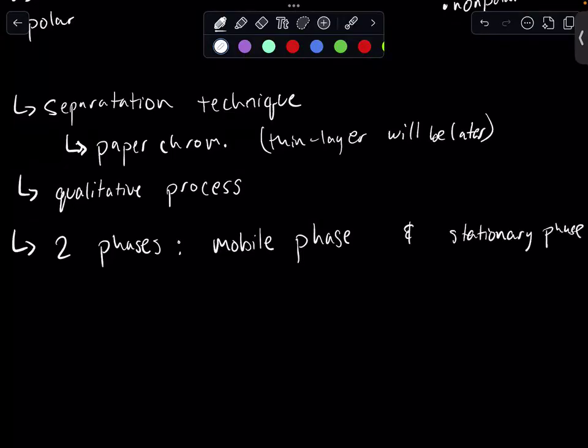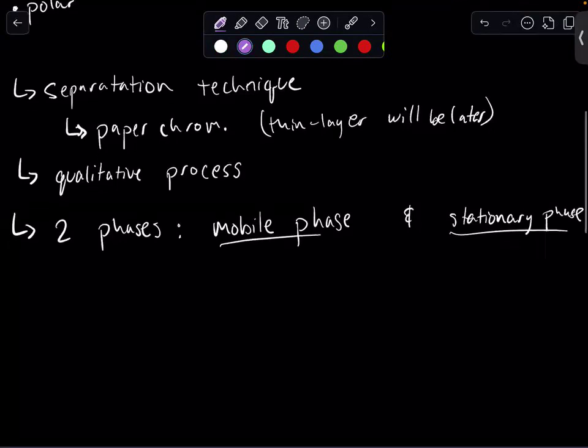Now, these are generally words you don't necessarily use in a lab often, so it's a little confusing when you see mobile and stationary phase. These aren't like this happens first and this happens second. These are parts of the actual setup. Our mobile phase is what we refer to as our solvent. So our solvent is the mobile phase. The stationary phase is the paper, the filter paper that we use.